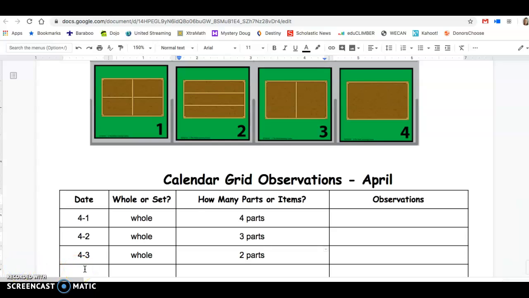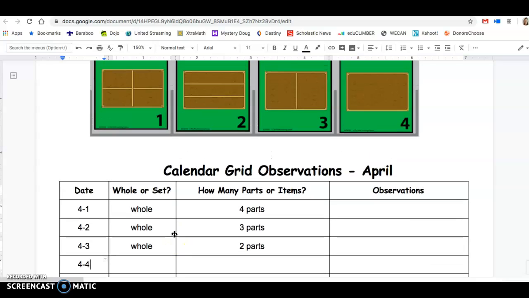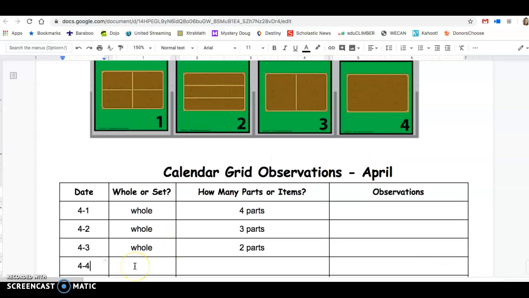And now the last calendar marker we have was April 4th, so 4-4. And then you'll notice that it is a whole. And now this one might seem kind of tricky because you might say, well, Mrs. Krause, it doesn't look like there is any parts. Well, there actually is. There's 1 whole part, so 1 part.